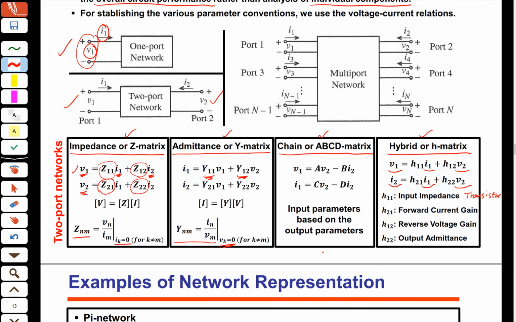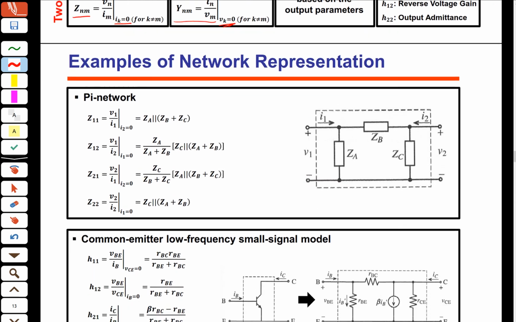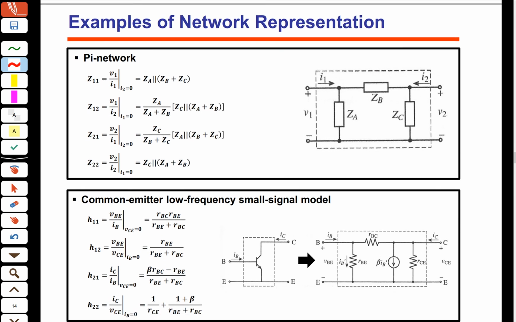So as an example of networks, assume that we have this pi network. This is the pi network, with ZA, ZB, ZC, and I want to characterize this, and I don't want to consider what is going on inside.